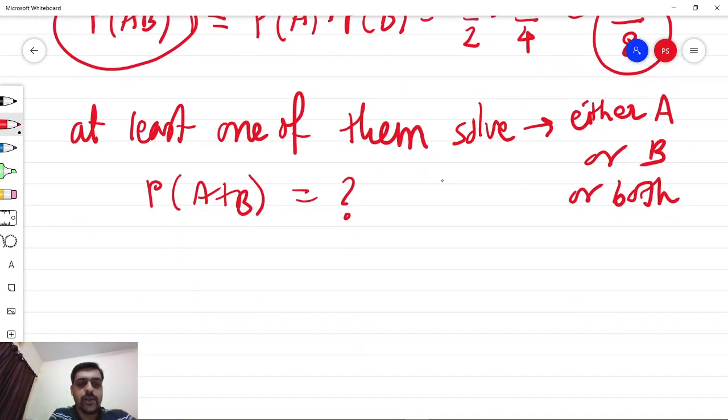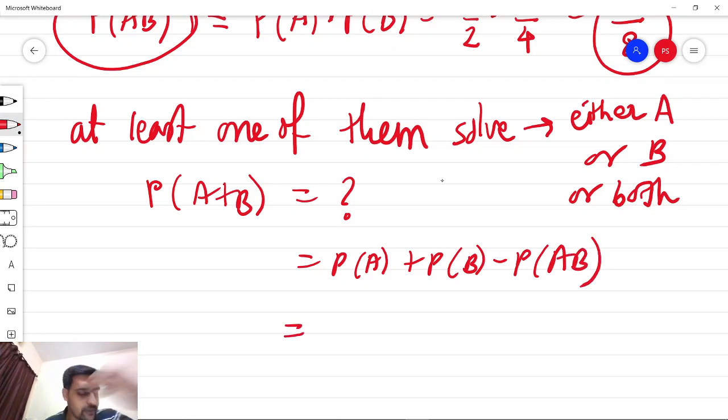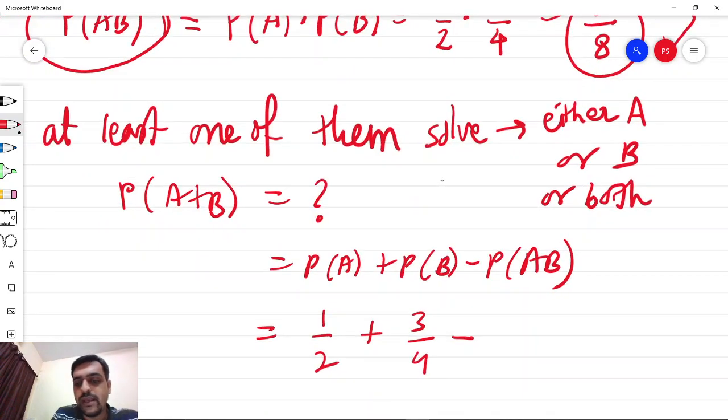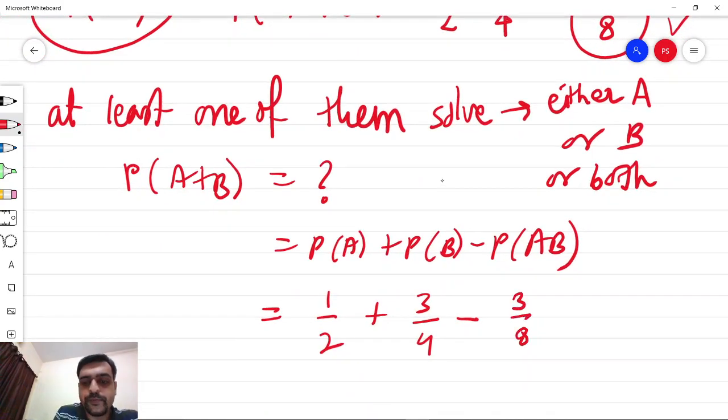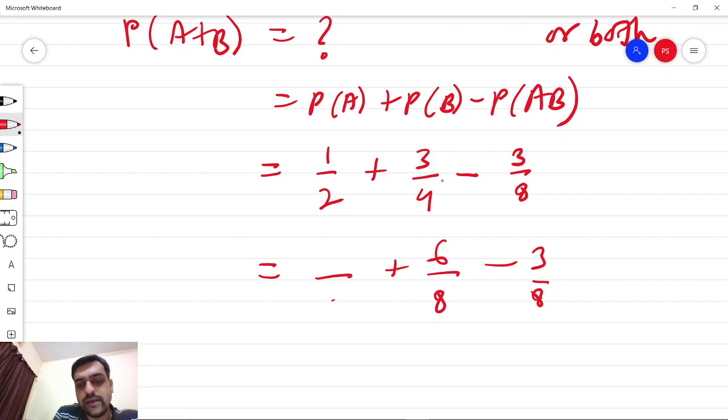And we know that P of A plus B is equal to P of A plus P of B minus P of AB. So let us just substitute the values available. P of A is just 1 by 2 plus 3 by 4 minus, we have calculated the value for P of AB as 3 by 8. So this can be further simplified as this is 6 by 8, this is 4 by 8, right?